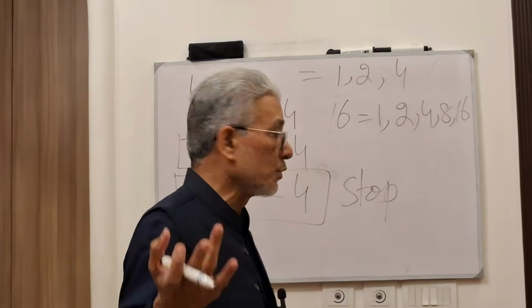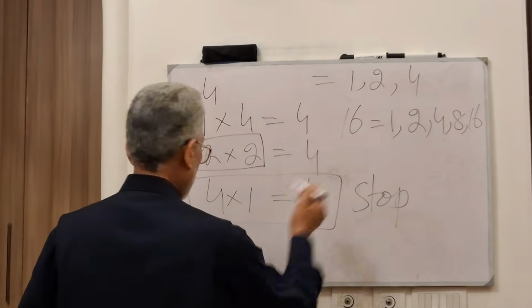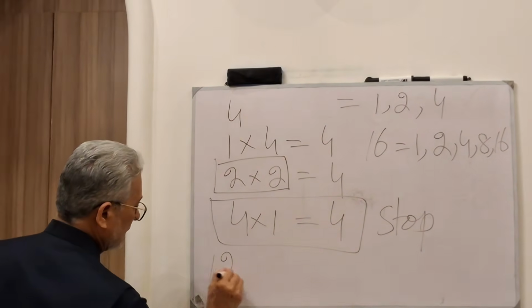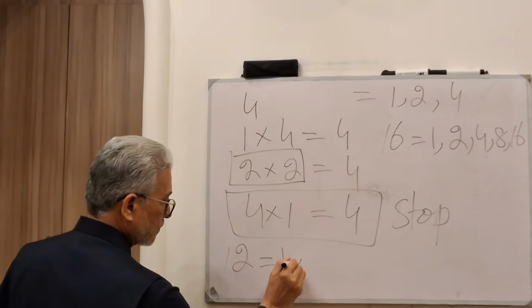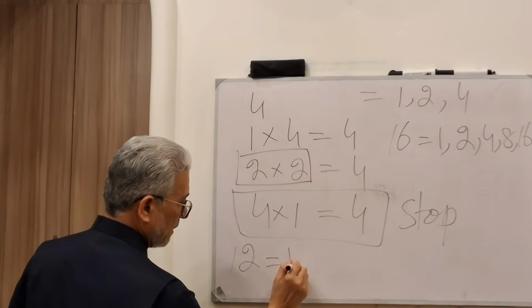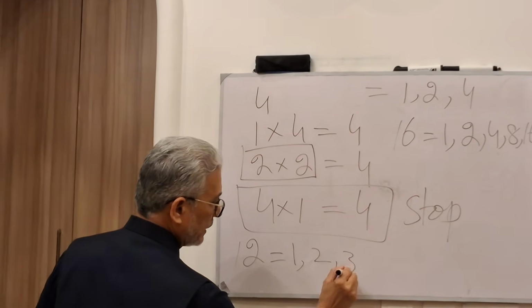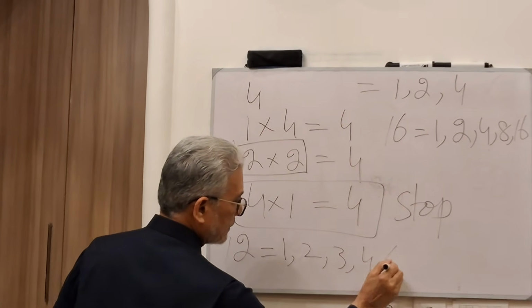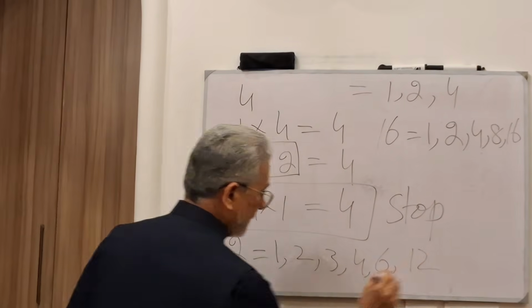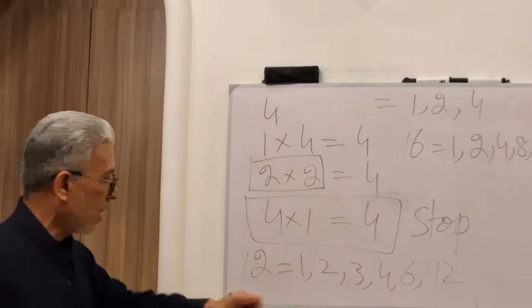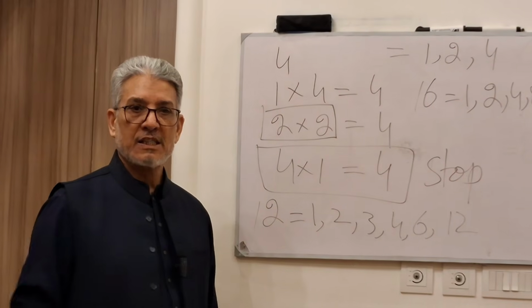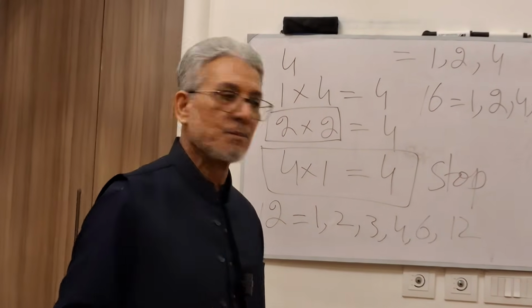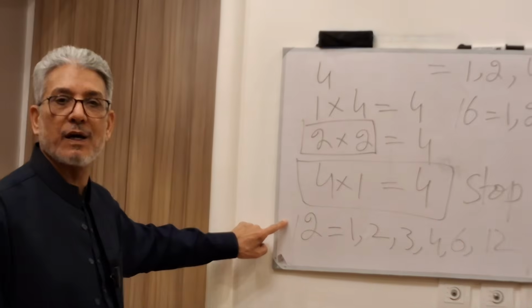Like, if you count the factors of 12, we just calculated 1, 2, 3, 4, 6, and 12. These are the factors. Now count: 1, 2, 3, 4, 5, 6. 6 factors. 6 is an even number because 12 is not a perfect square.